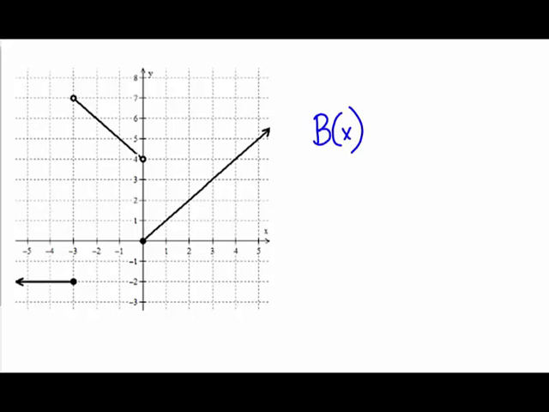And I see that there are 3 pieces. I've got a piece that's less than or equal to -3, and I can tell that because of the closed circle, and that's going less than. So part of it is if x is less than or equal to -3. I have a part between -3 and 0.